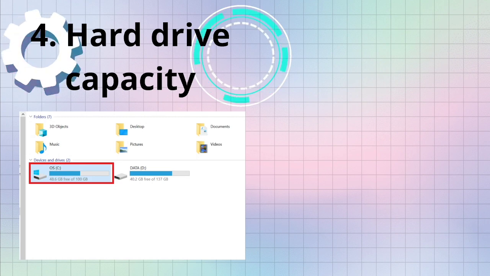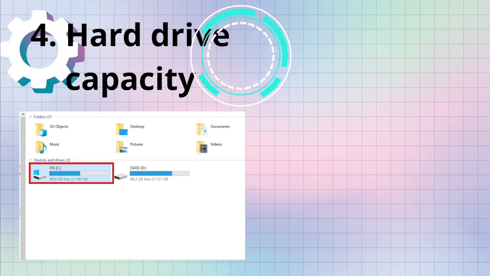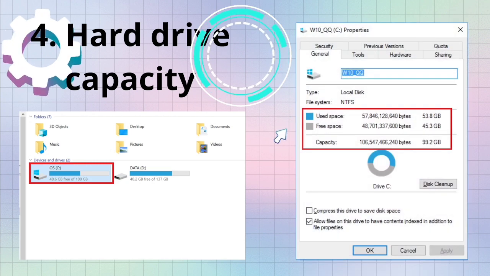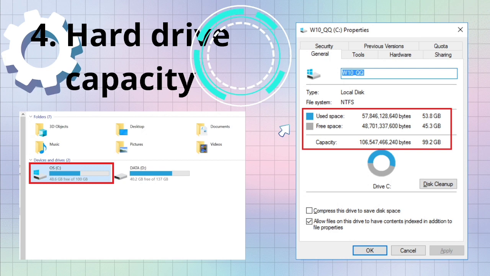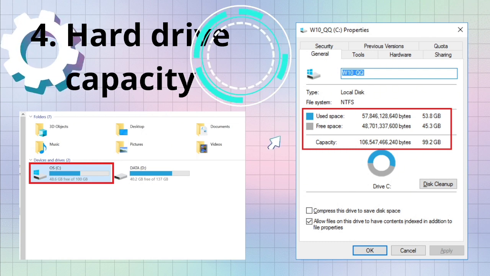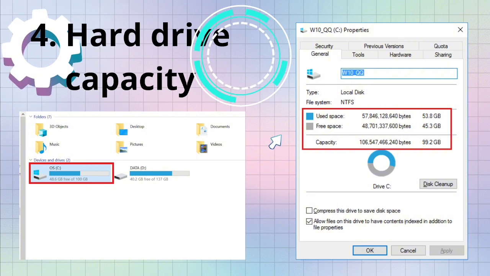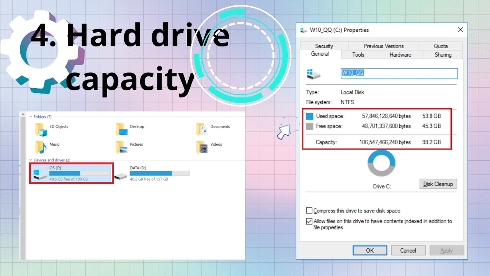For example, here is my drive C. Capacity is the total hard drive capacity, 97.6 GB. Free space is the remaining space, 7.19 GB. Used space is the used capacity, 90.4 GB.